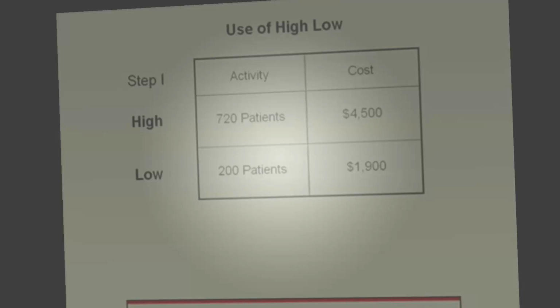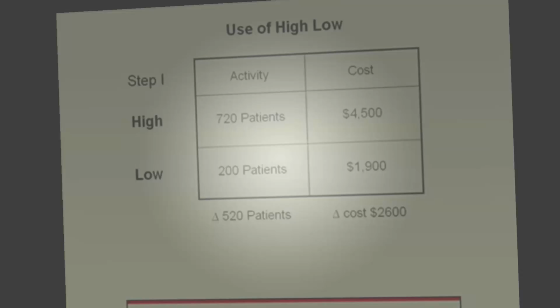The next step is get the difference. So for a change of 520 patients, the cost changed by $2,600. Only variable cost changes with an activity. If this was a pure fixed cost, it wouldn't change.